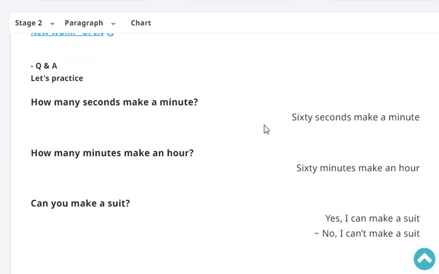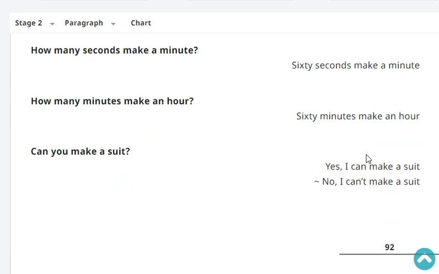Very good. How many seconds make a minute? 60 seconds make a minute. Very good. How many minutes make an hour? 60 minutes make an hour. Can you make a suit?